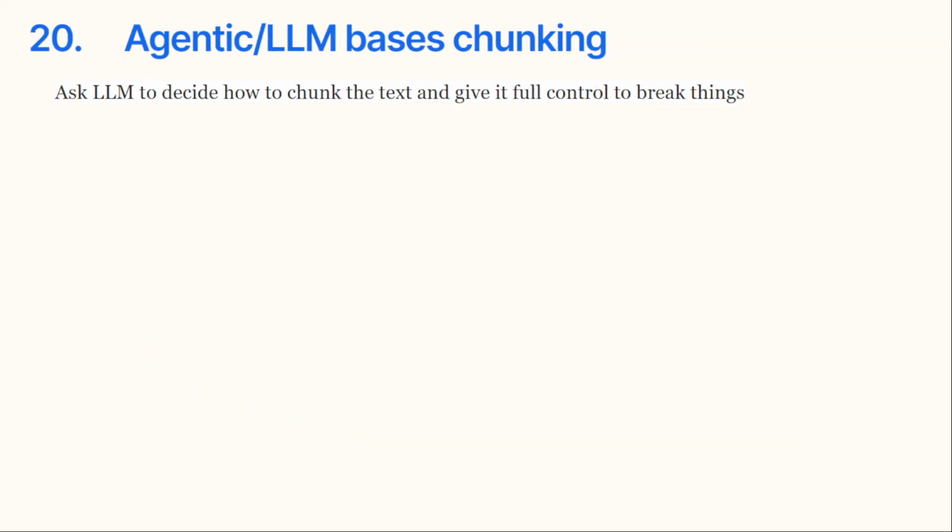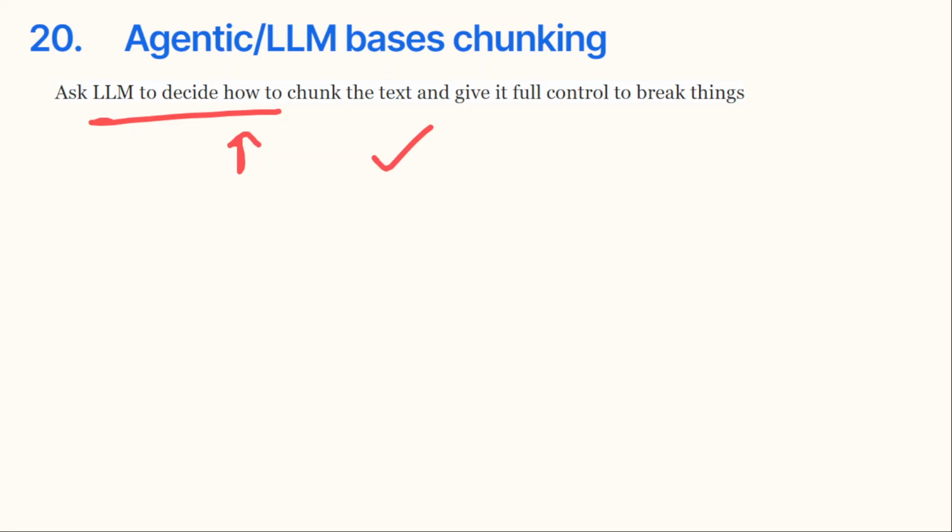Next we have something called agentic chunking. Here we ask an LLM to decide how to chunk the text, giving full control to the LLM to decide what chunking strategy works well, rather than having human-level, thought-process-based chunking.